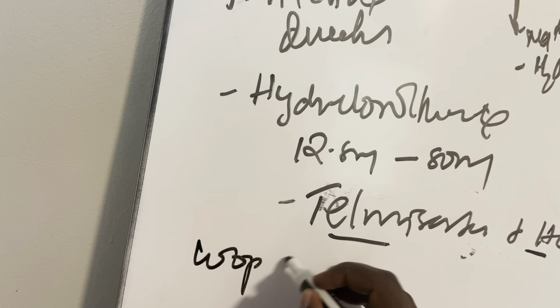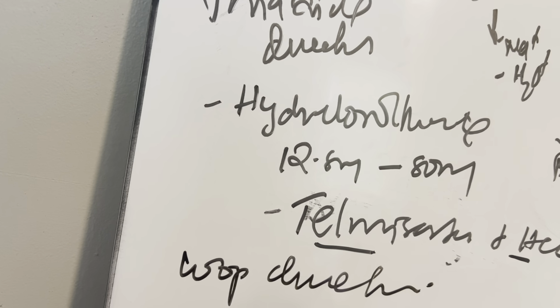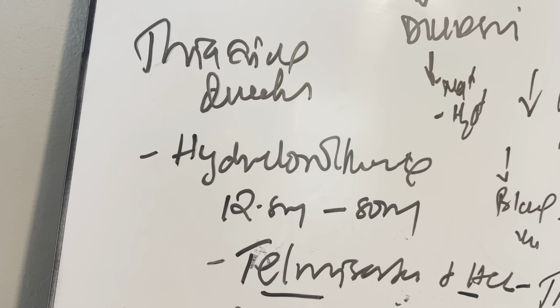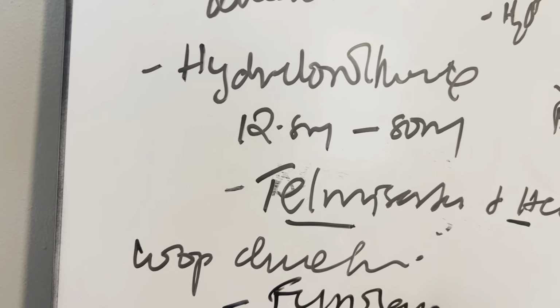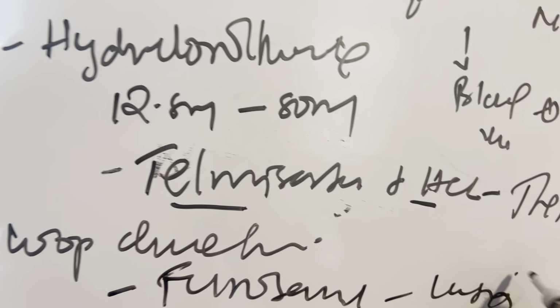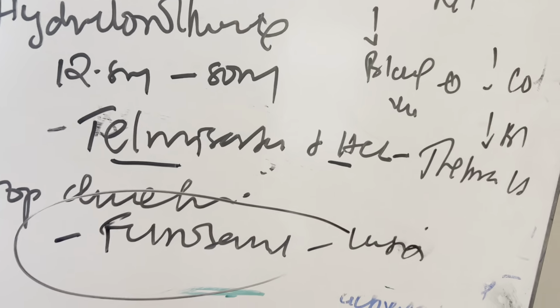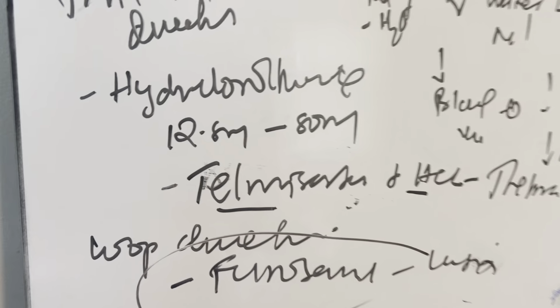And then we also have what we call loop diuretics. An example is furosemide, commonly known as Lasix, used in hypertension with heart failure or just in heart failure.